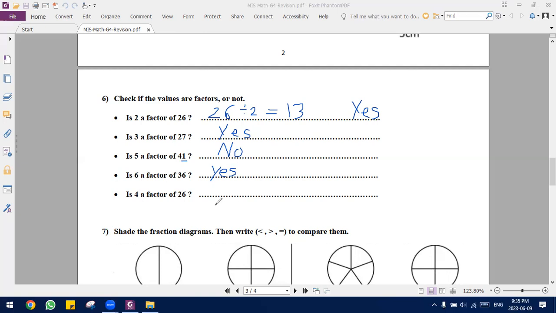If you don't know, maybe you can divide it by 2, and then divide it again by 2. 26 divided by 2 is 13, and then 13 cannot be divided by 2, so it's not a factor. So yes, yes, no, no. So you can think about whether 26 is divisible by 2, or you can think of it in the opposite way: if I divide 26 by 2, will I get an answer without a remainder?